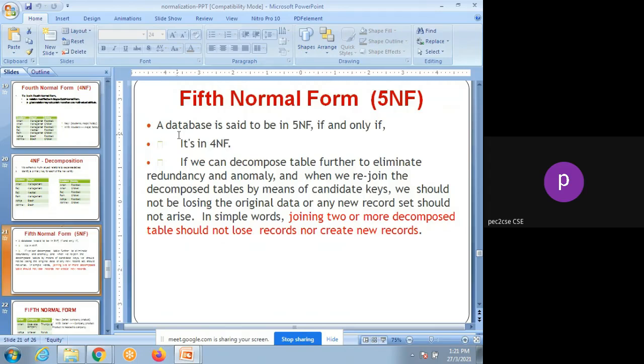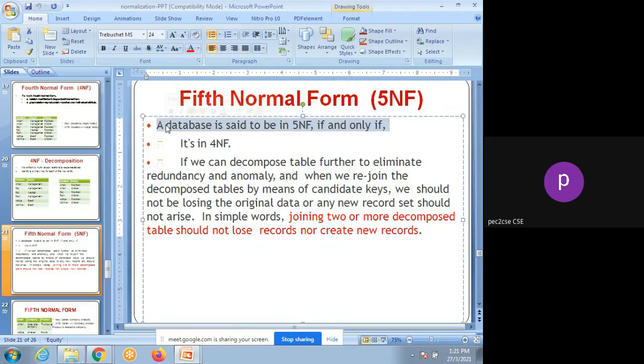A table is in the fifth normal form if and only if it is in the fourth normal form, and if we decompose a table further to eliminate redundancy and anomaly, that is decomposition, you are splitting the table into two or more tables.